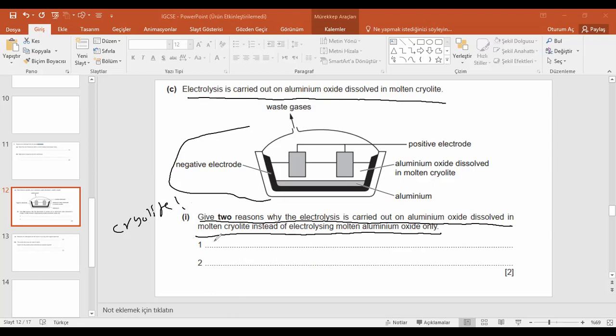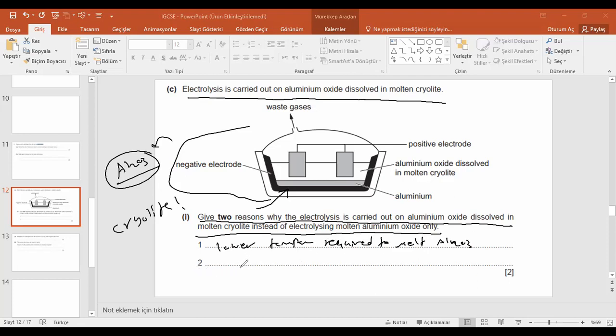So guys, you know that the process of electrolysis must be performed when Al2O3 is molten. To melt this one, we need very high temperatures, but by adding cryolite, we decrease the temperature required. So we can say lower temperature required to melt aluminium oxide.